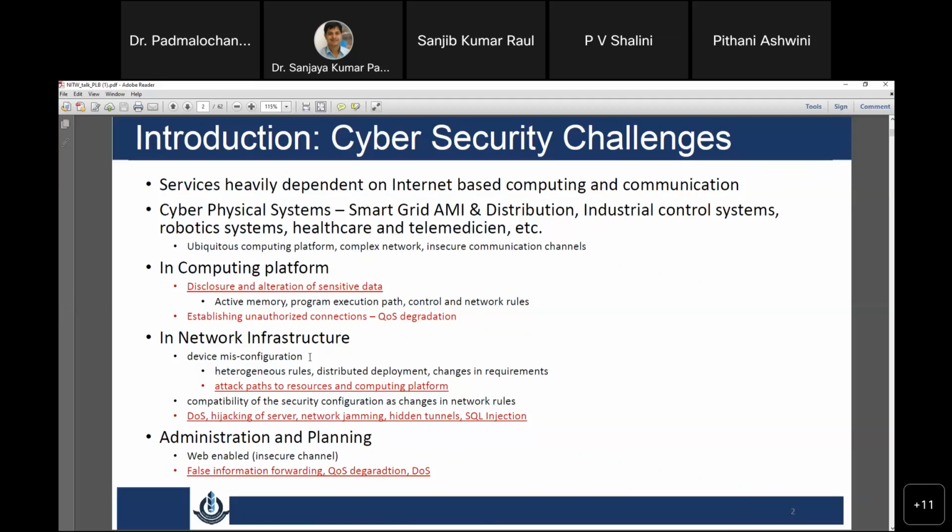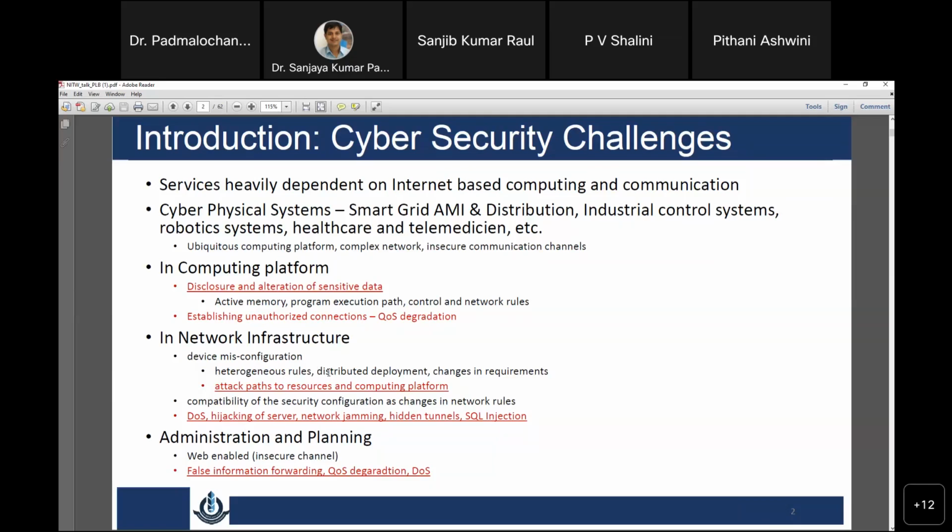Okay, so therefore device level misconfiguration is the main source here in network infrastructure. There are various types of rules: role-based access control, mandatory access control, even spatiotemporal access control, time and location-based access control.